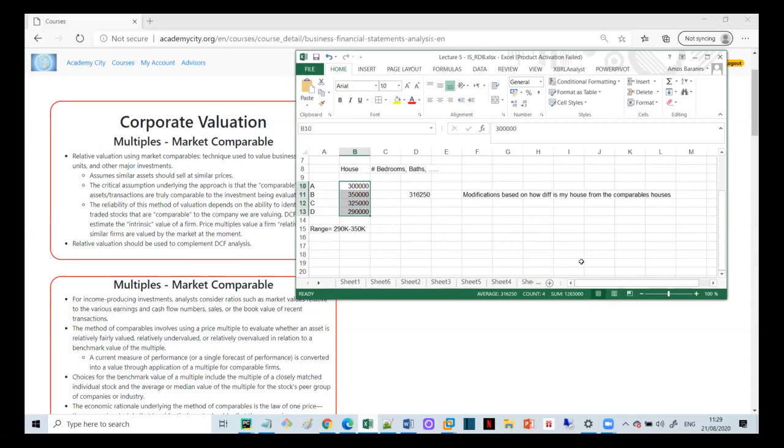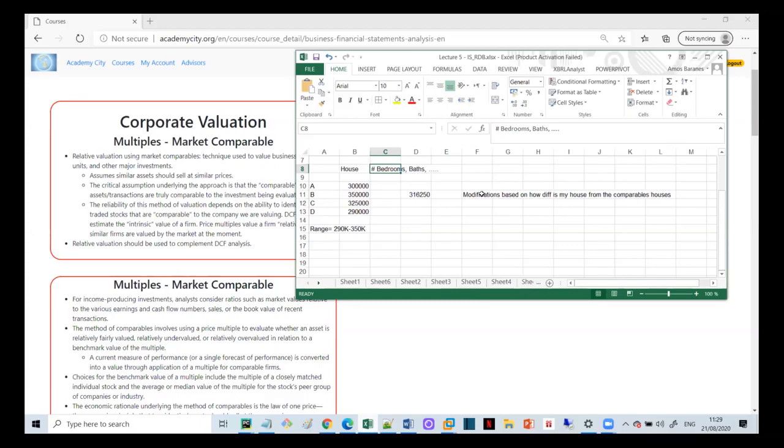Then I say to myself, what range am I most likely going to end up in? Then I take something like an average. That gives me a benchmark. And then to that benchmark, I will do some modifications so it will better reflect my house, to come up with the right price, as close as possible to what it's supposed to be. So that's usually the process of using relative valuation.